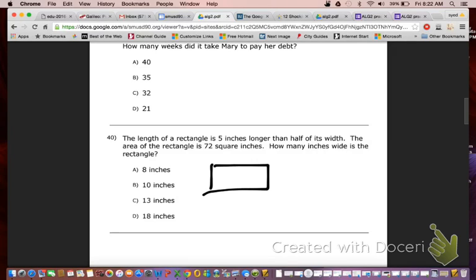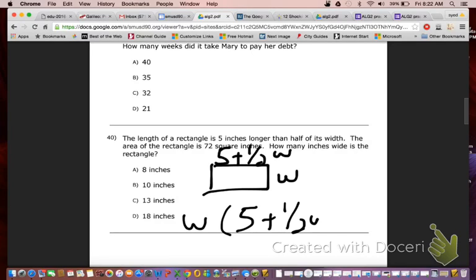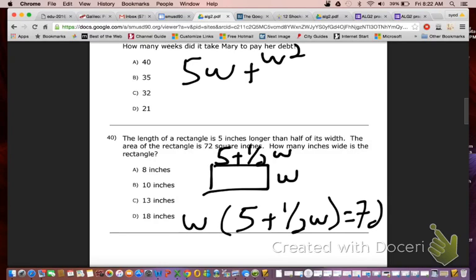The hard part is setting up the equation. I'm going to call the width w, and the length is going to be 5 plus 1/2 w. So w times 5 plus 1/2 w equals 72. Then you got to do some work. So you get 5w plus w squared over 2.